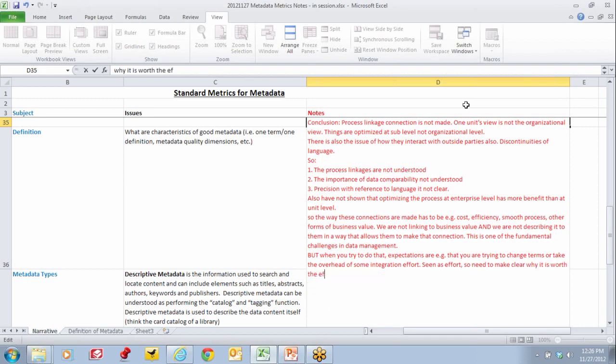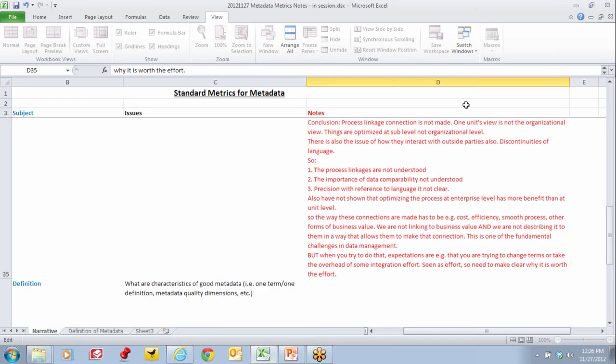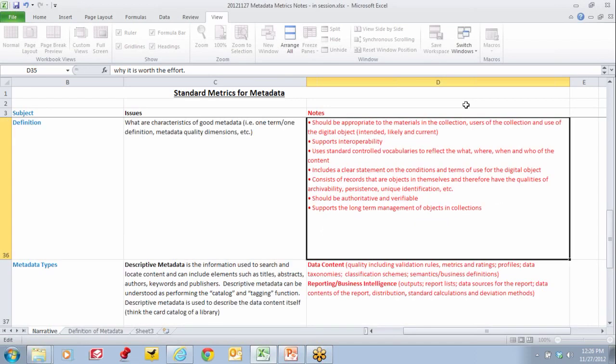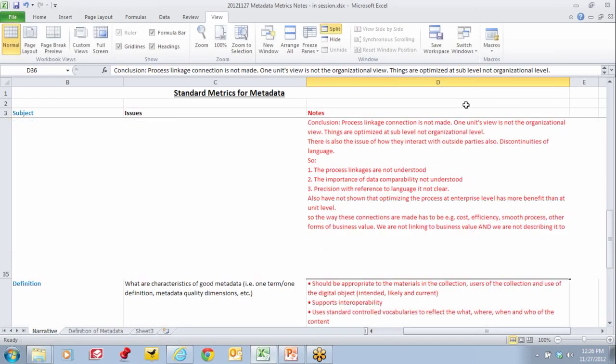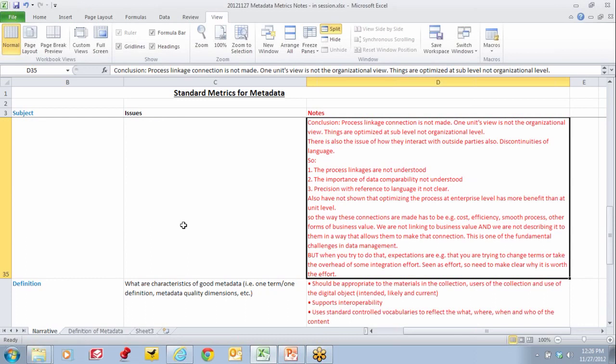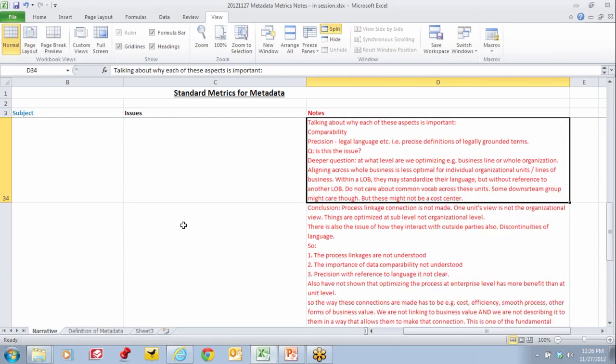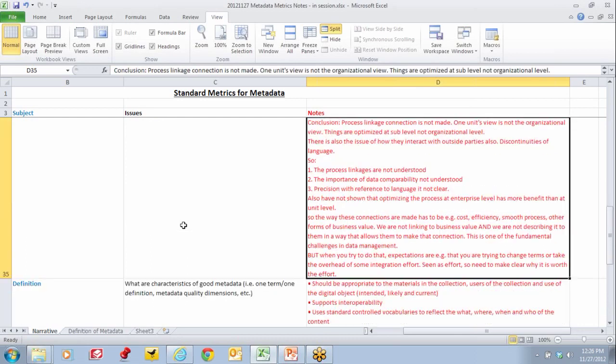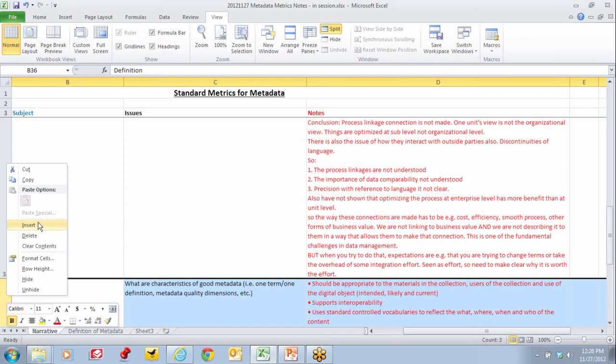But frankly, not only are we not able to link it to business value, we're not describing it to them in a way that allows them to make that connection. And I think that's one of our fundamental challenges in data management.